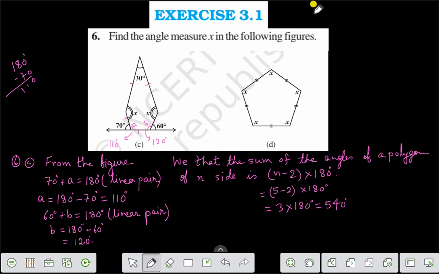That means we add 30 degree plus 110 degree plus 120 degree plus x plus x. That becomes the sum of the interior angles of a pentagon, which we have found is 540 degree.